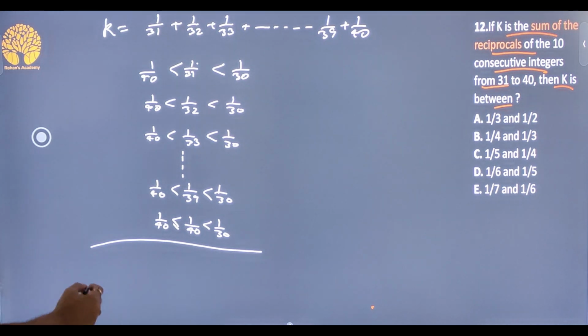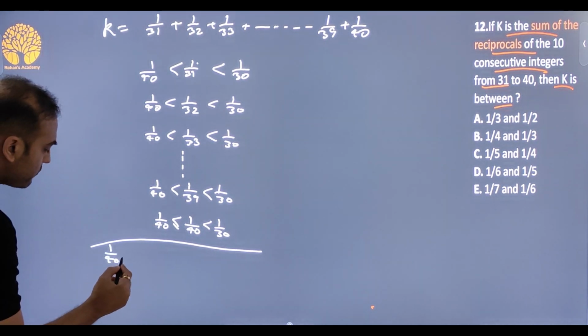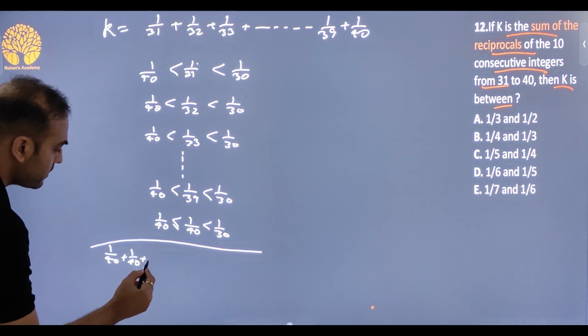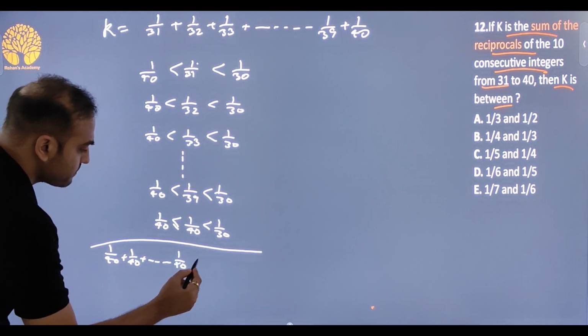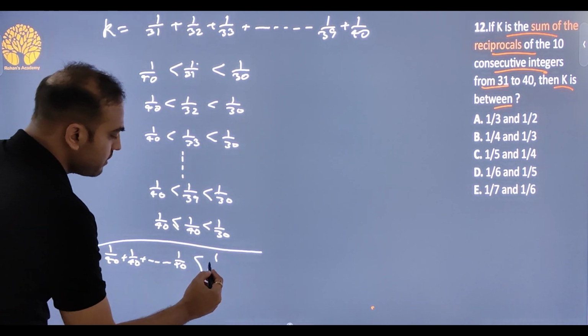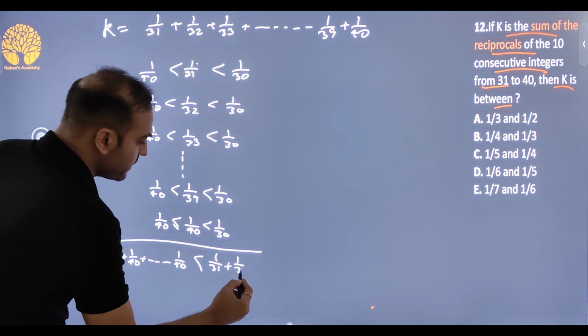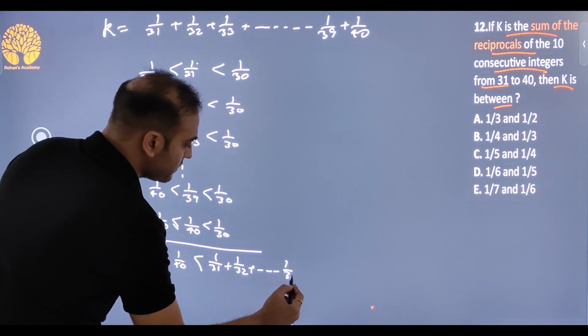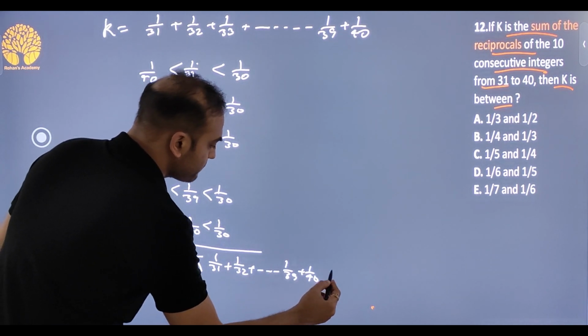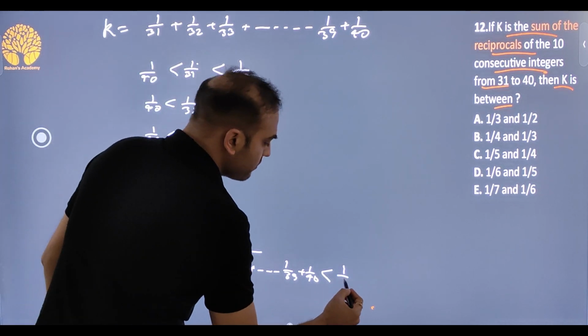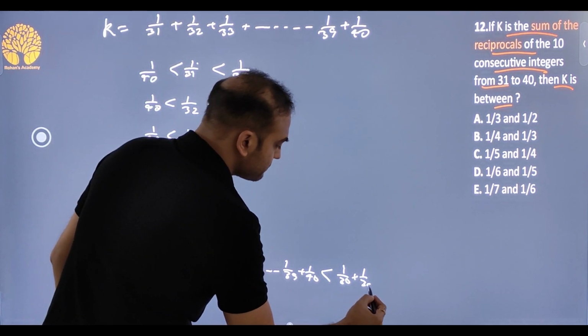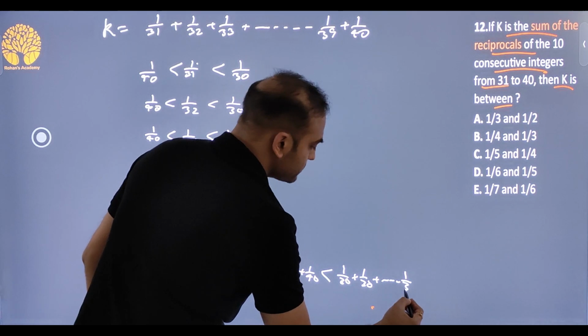So let me add, this will become 1 by 40 plus 1 by 40, 10 times, less than 1 by 31 plus 1 by 32 up to 1 by 39 plus 1 by 40, less than 1 by 30, that also 10 times.